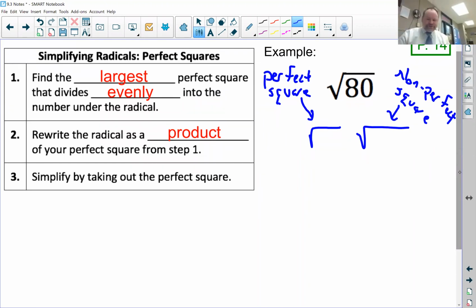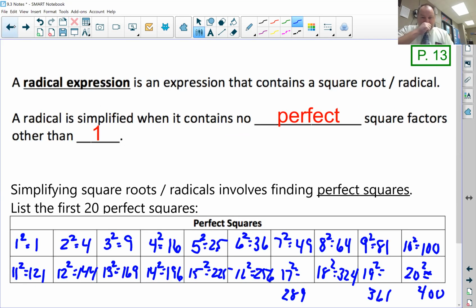So for instance, starting with 80, or trying to find the square root of 80, if I go back to my perfect squares, the largest perfect square less than 80 is 64. So that's where I'm going to start.